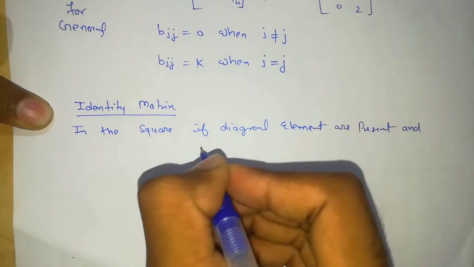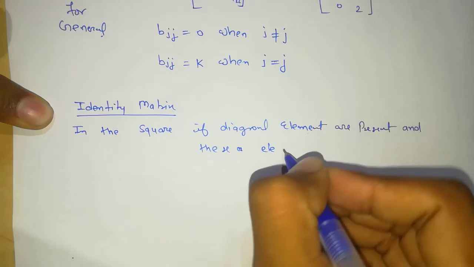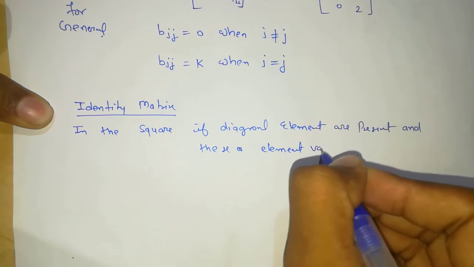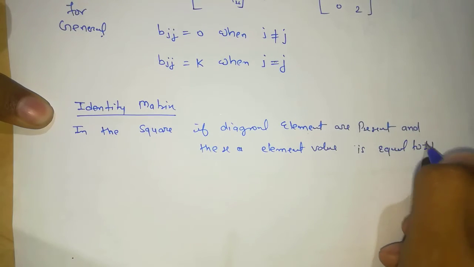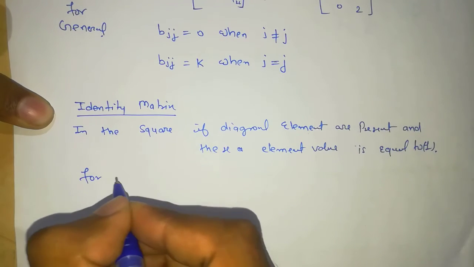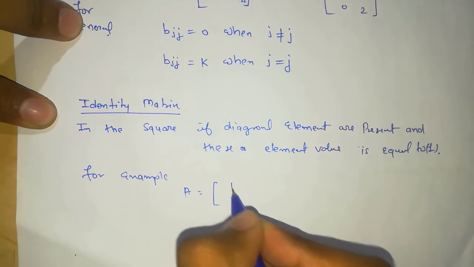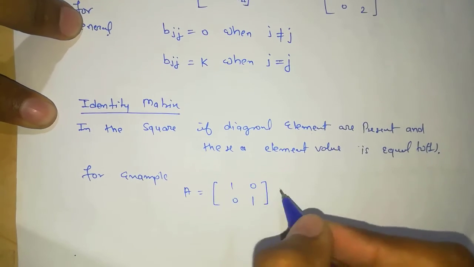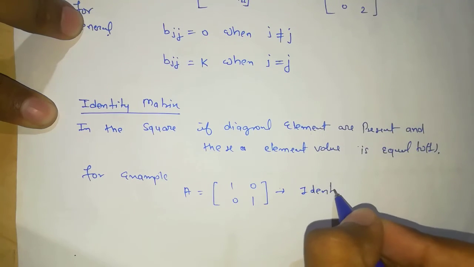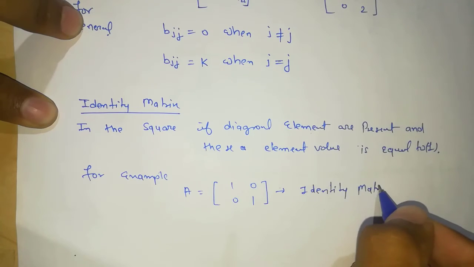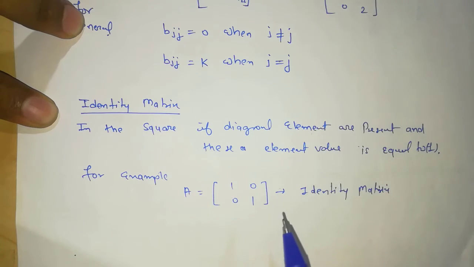For example, A equals 1, 0, 0, 1 is an identity matrix, where we see the main diagonal elements are 1.